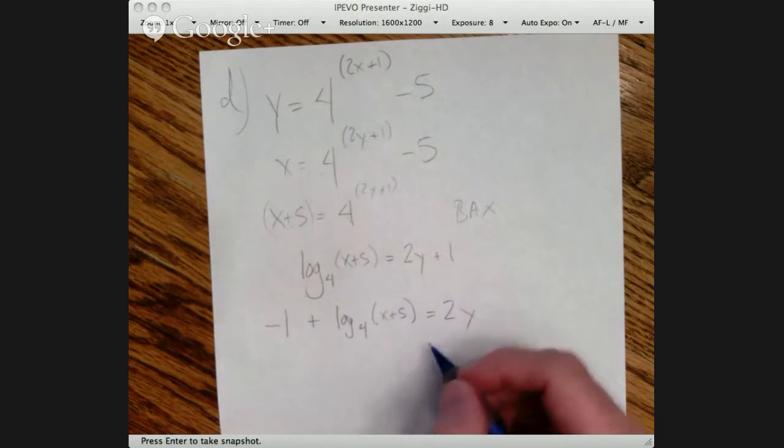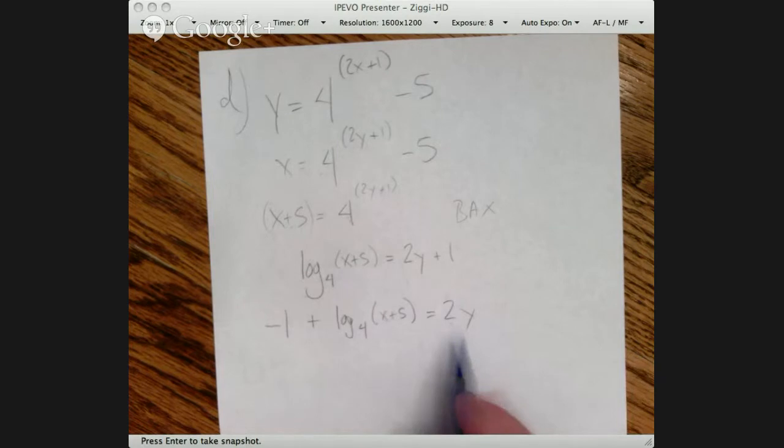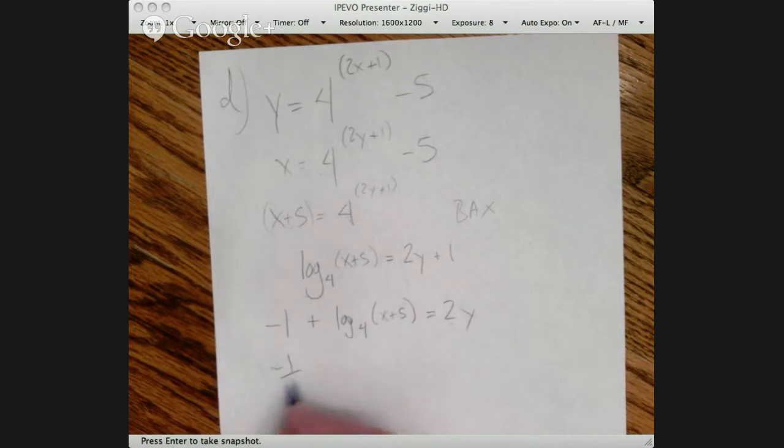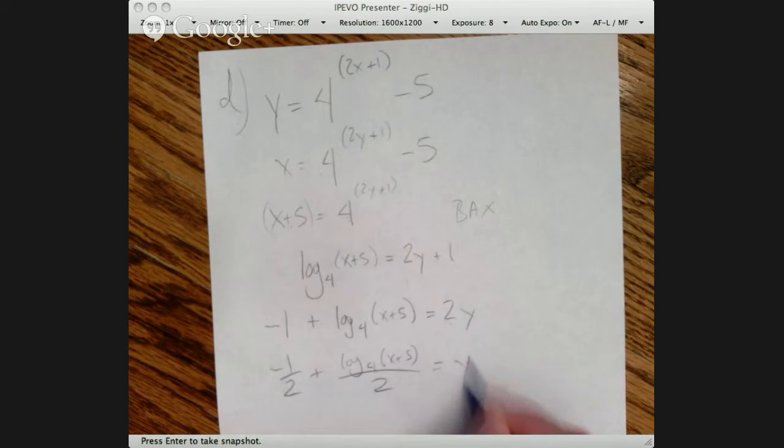Now I'm going to divide by 2. So I'm going to divide these each individually. We will have -1/2 plus log base 4 of x plus 5 over 2 is equal to y. That, my friend, is our inverse of this problem. So we should be in pretty good shape with that. That is the way that we would end. That is our inverse, and that should be fine.